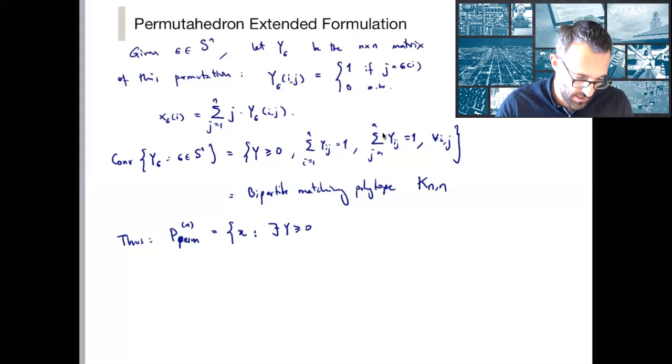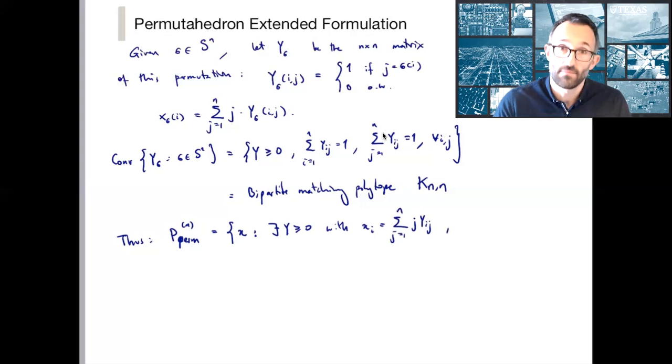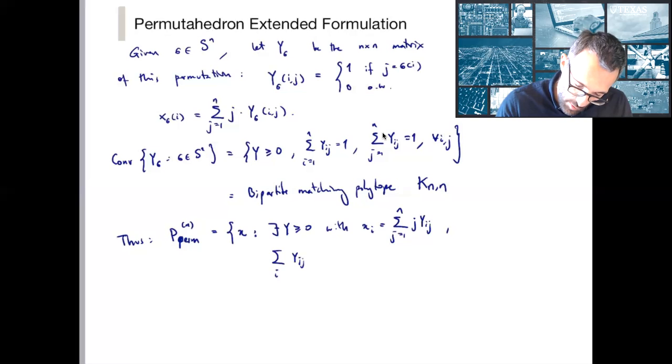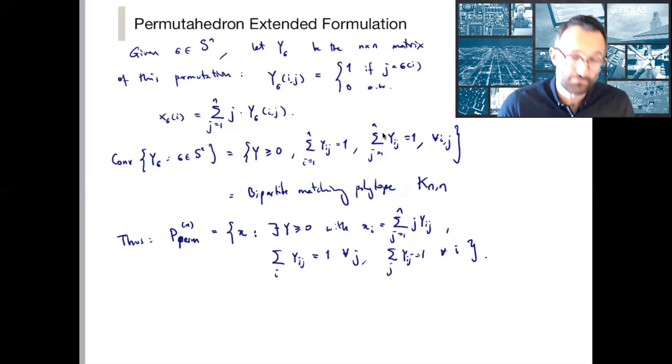In other words, all x such that there exists a y greater than 0 with xi equal to the sum of j times yij, j equals 1 to n, and y satisfying those two constraints: the sum over i of yij equals 1 for all j, and the sum over j of yij equals 1 for all i.